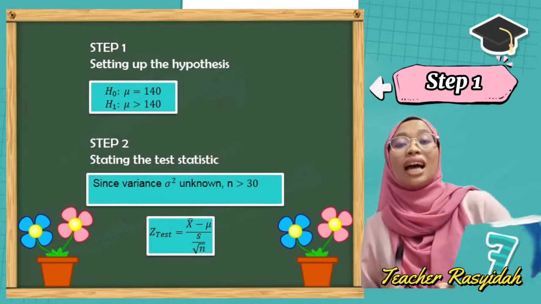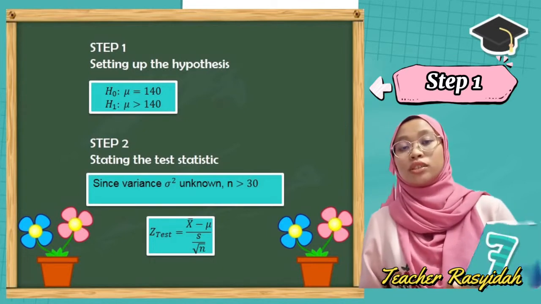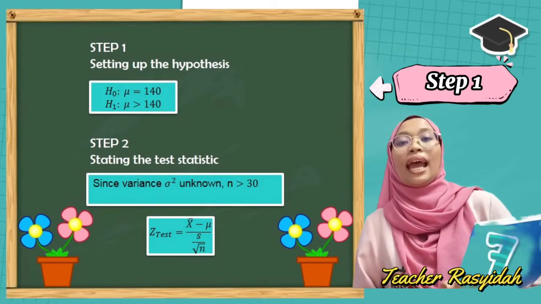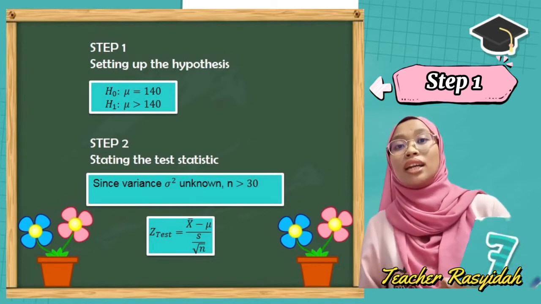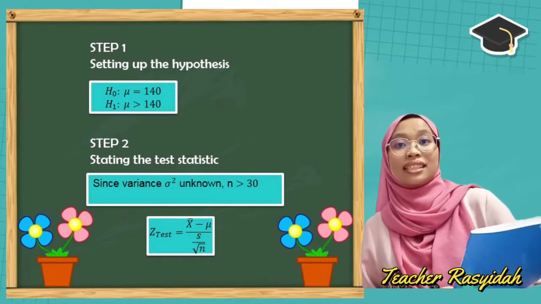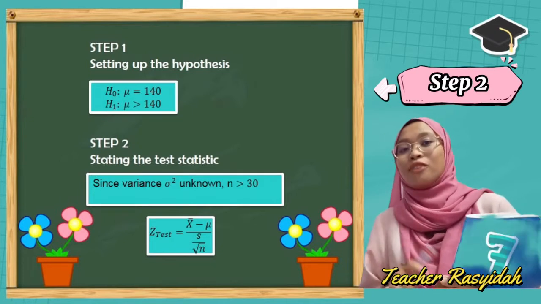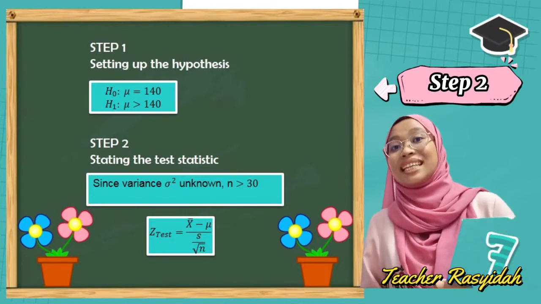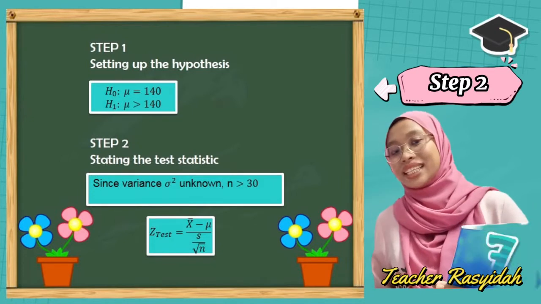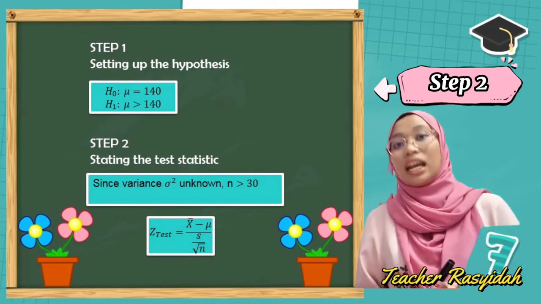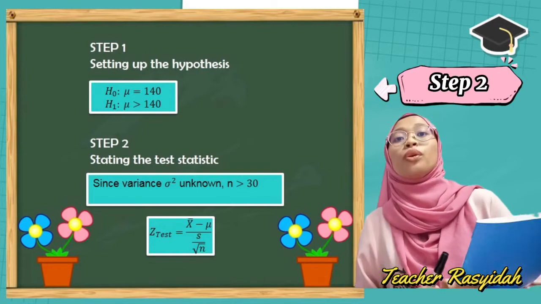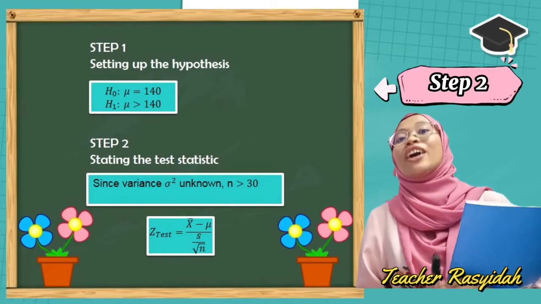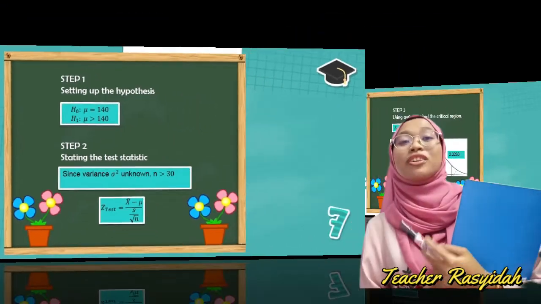So the null hypothesis is mean equal to 140 and the alternative hypothesis is mean more than 140. Next, we go to step 2. For step 2, we must choose the test statistic. Since the variance is unknown and the sample size is more than 30, we must use the z-test. Here is the formula for the z-test.